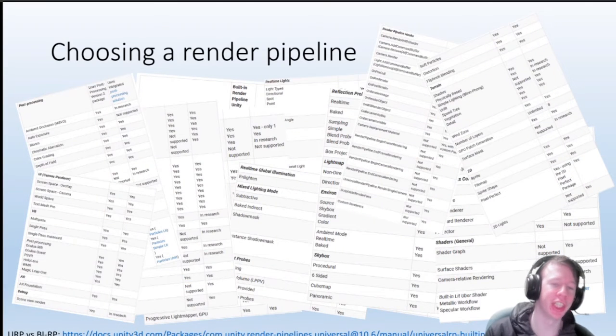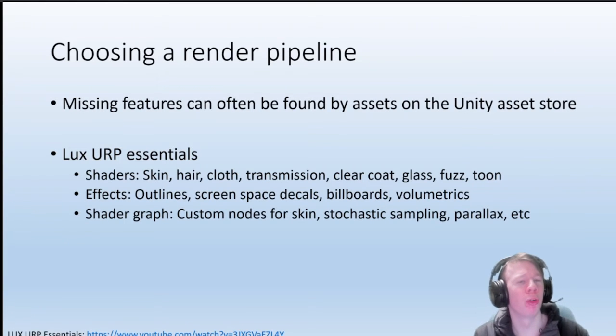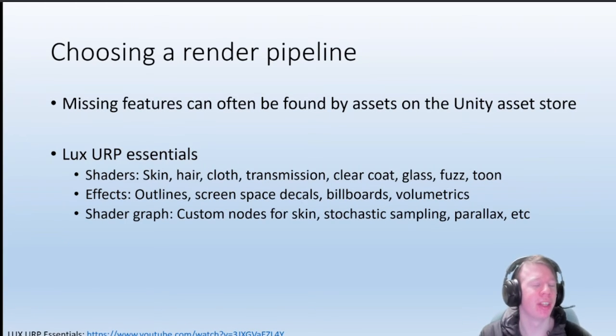They have this page here which shows a full comparison between the built-in render pipeline and the universal render pipeline, and it's really long, and there are still some things missing. Most of the things that are missing, the community has added back in if you're happy to buy an asset off the Unity asset store.